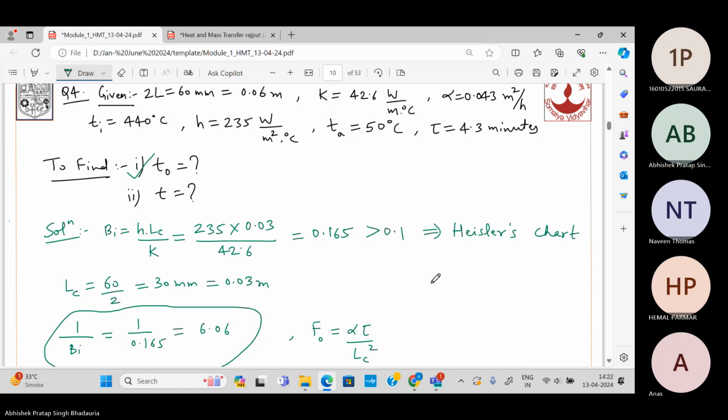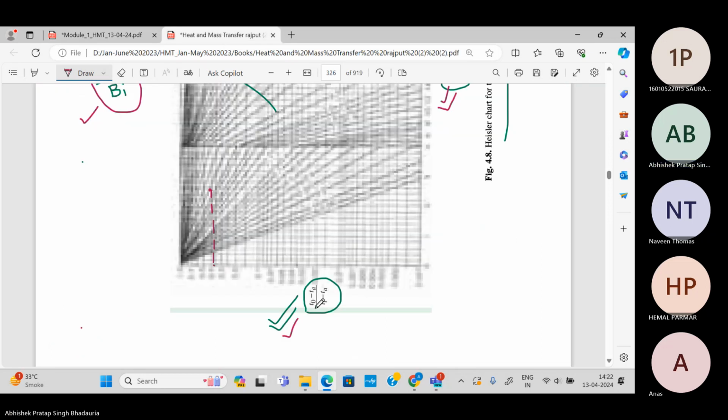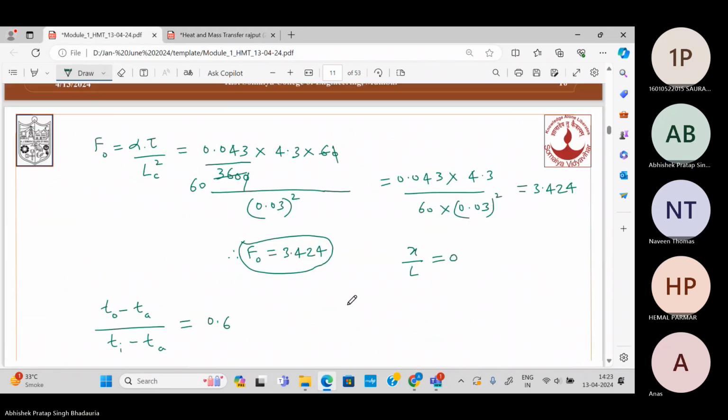Okay, fine. Now let's calculate the temperature inside the plate 15 mm from the mid plane. After this, we will determine the second one.